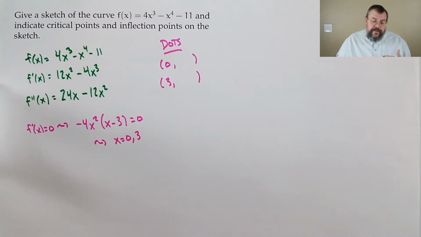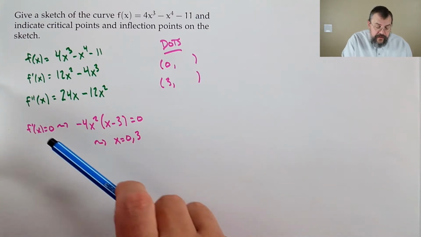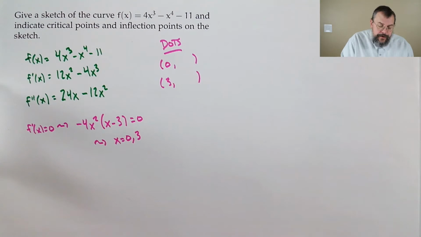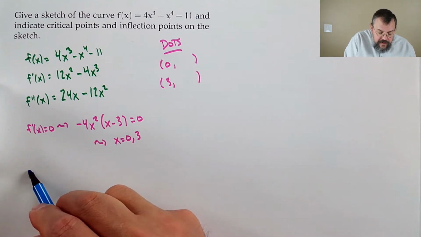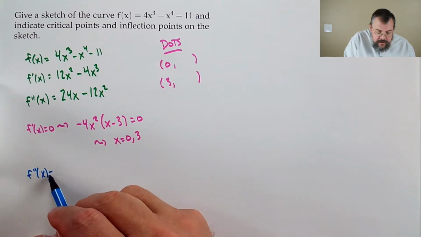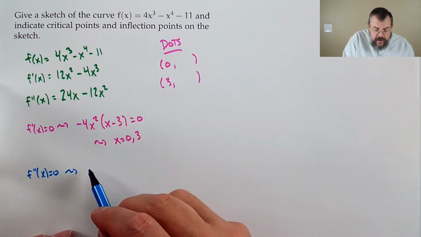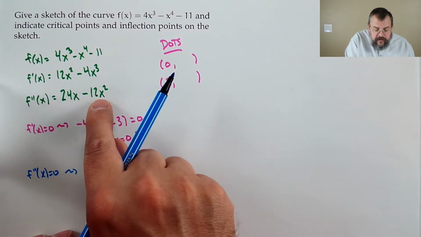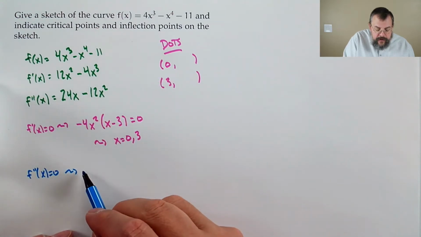Now, the inflection points, we've got to look at the second derivative. So let's take the second derivative and set that equal to 0, because that's where we could have our inflection points. So second derivative equaling 0, well, let's do the similar thing. Certainly we can factor out x, and let's go ahead and factor out minus 12.